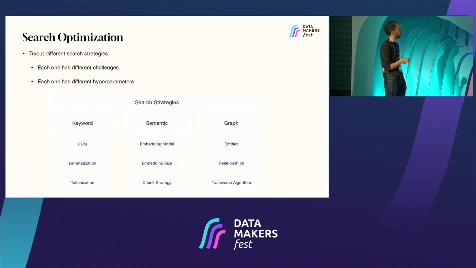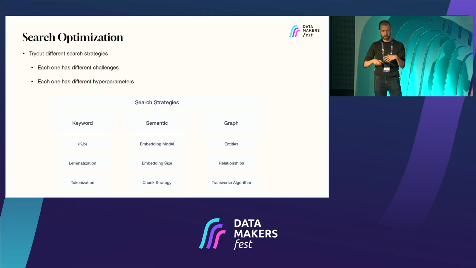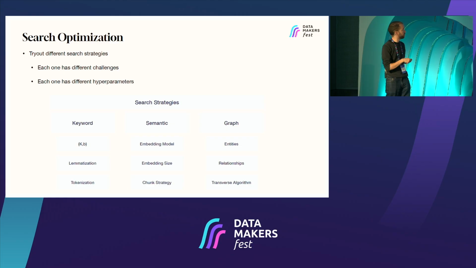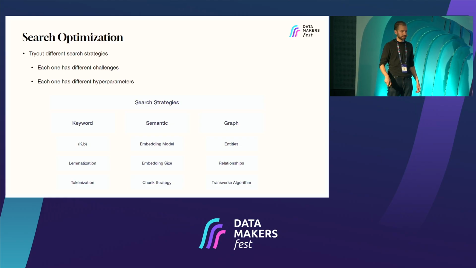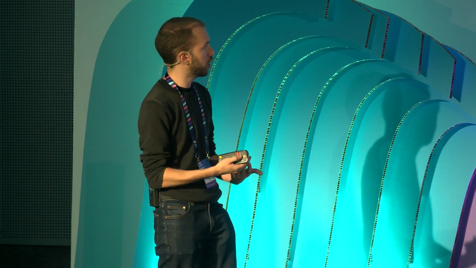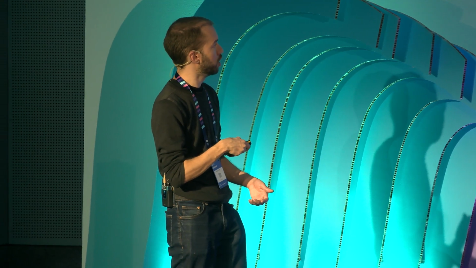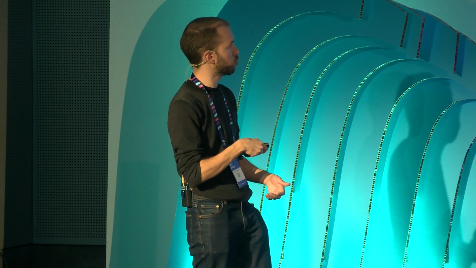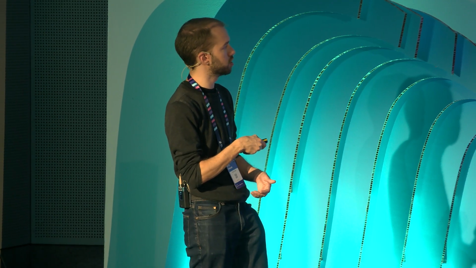For example, the tokenization and lemmatization for English is completely different from Portuguese, and this is something that we noticed: when we started mixing the two, things started to break. The results were not so good because of this.